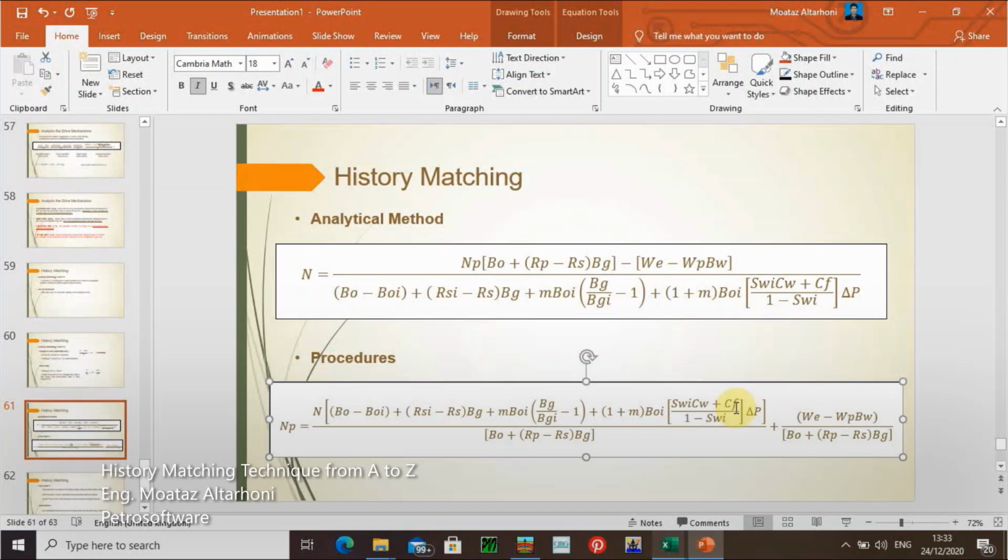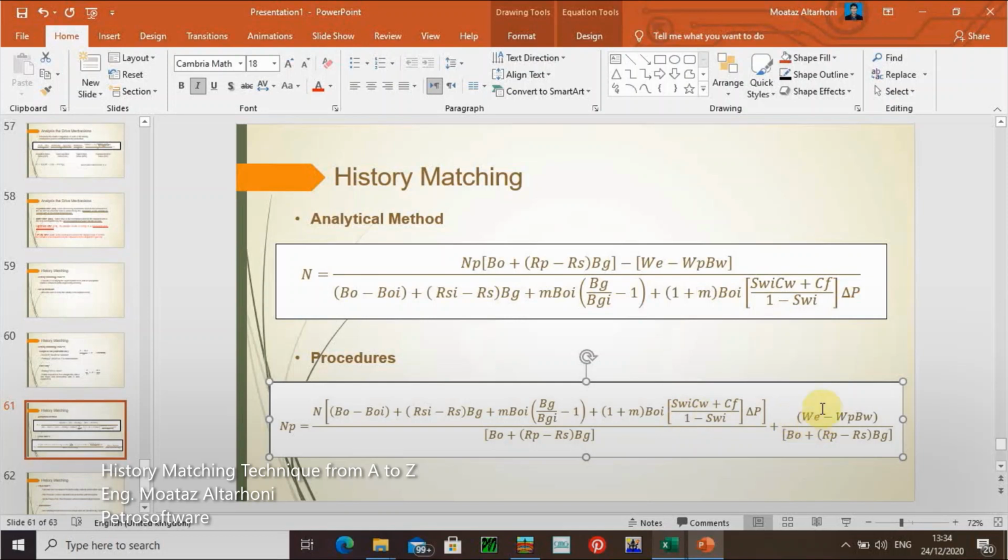If I use this equation, it will give me another, different value for cumulative oil production. This is the calculated value, which depends on the original oil in place from our field, the B_t, and the water influx, which is calculated by the pot aquifer model.